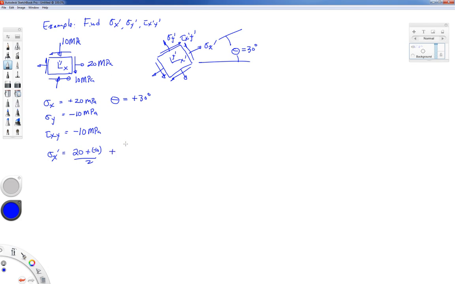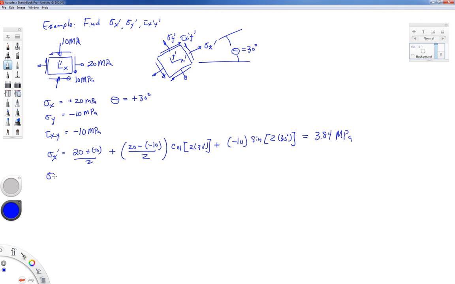We have plus the quantity, sigma x minus sigma y over 2, and we're using the double angle formula, so we're going to have cosine of 2 times 30 degrees, and then plus tau xy, which happens to also be a minus 10, sine of 2 times 30 degrees for the double angle formula. And for this value, I get 3.84 megapascals.